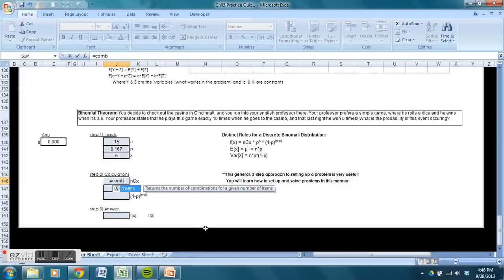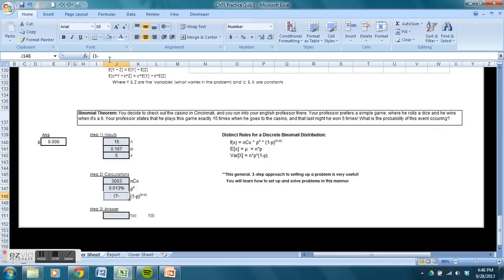So NCX, combine, number is 15, number chosen is 5. Total number of combinations, probability of x, p to the x. 1 minus p, remember our parentheses, 1 minus p, oops, forgot my equal sign. 1 minus p to the, make sure you have parentheses in here, n minus x.